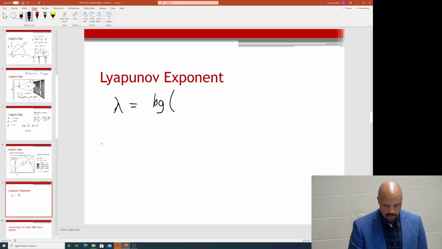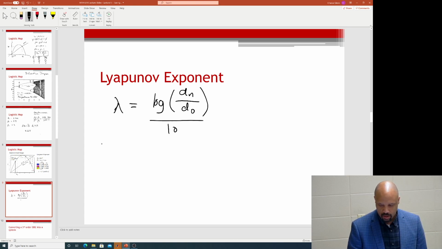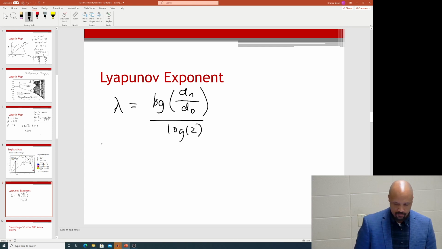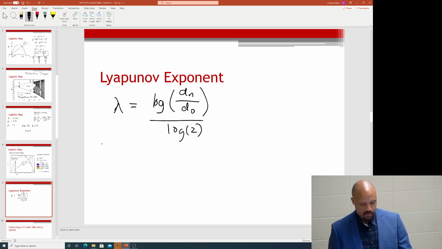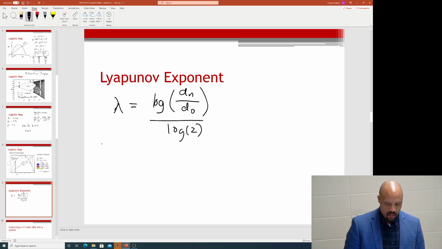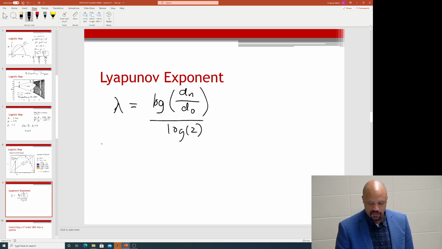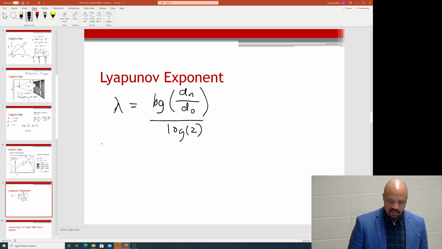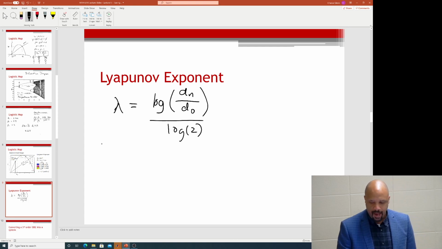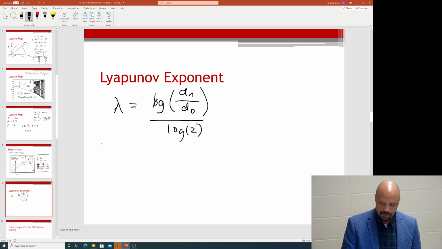Log of d sub n over d0, and I'm going to say over log 2, right? Since we're using the 2 exponent, that's how you would calculate it. Now, what is this dn? Well, dn is the difference after the fact, and this is the difference when you start.